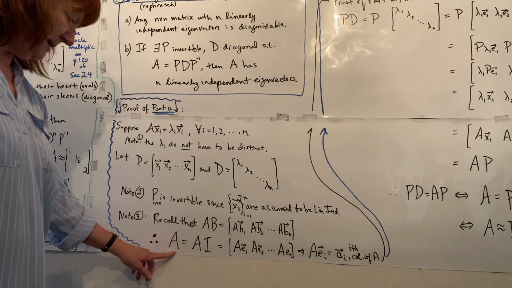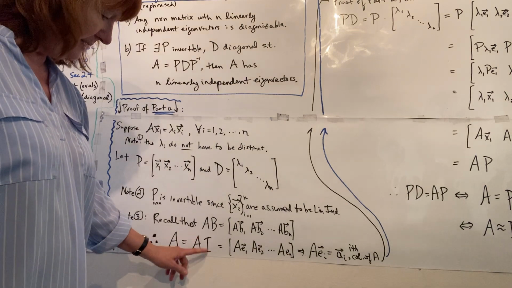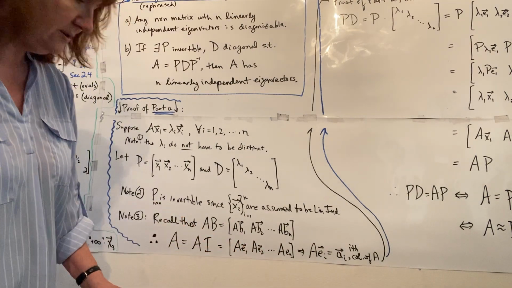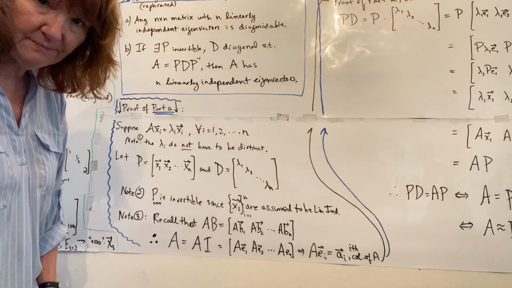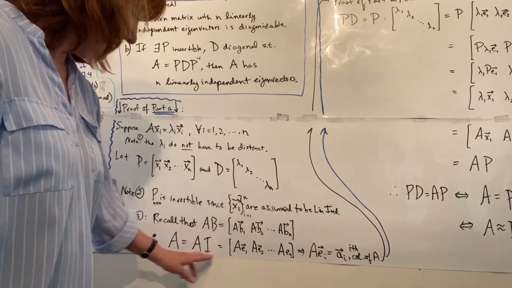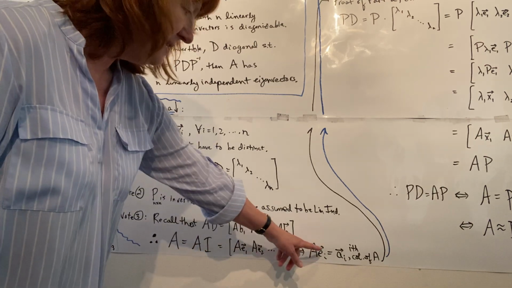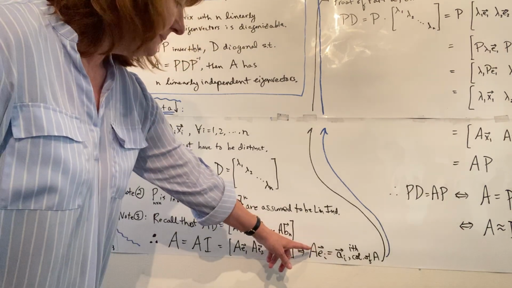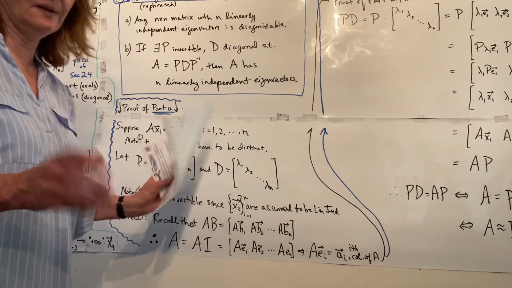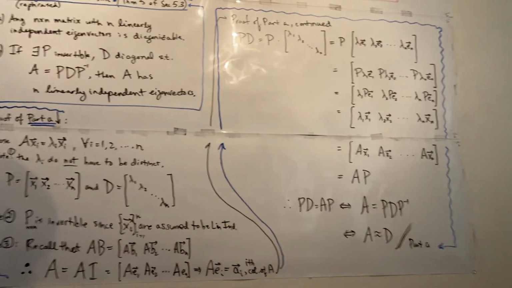Any matrix A, which is equal to A times I, the identity matrix, can be made up of e1, e2, through en, the standard basis. So any matrix A could be expressed as Ae1, Ae2, through Aen. In other words, the ith column of A can be expressed as A times ei. All right, so we get all those tools together, then this proof goes lickety-split.